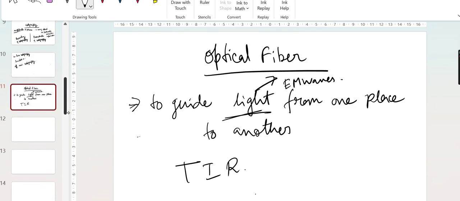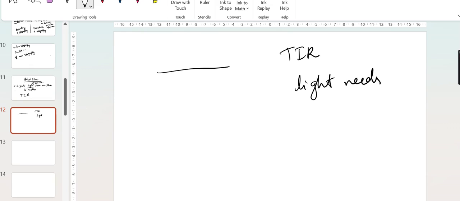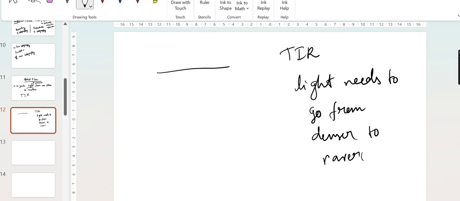So the total internal reflection has been done. We know that for total internal reflection, light needs to go from a denser to a rarer medium.